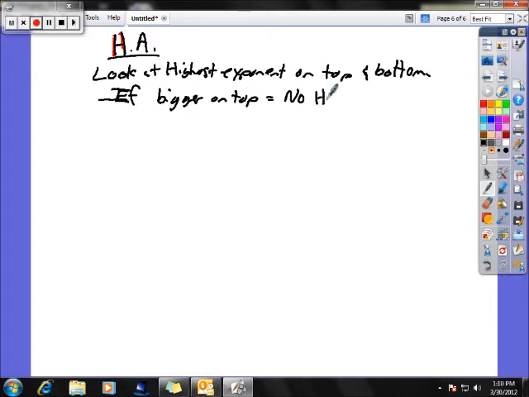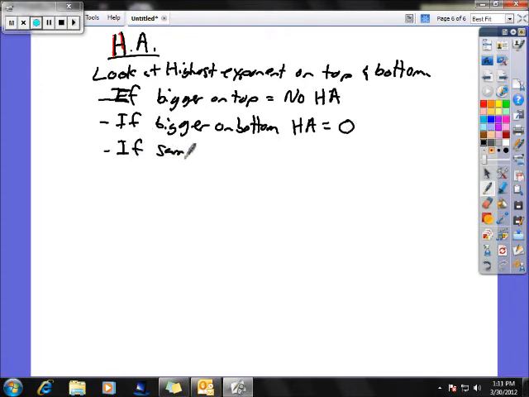No, there's no horizontal asymptote if it's bigger on top. If it's bigger on the bottom, we're talking about the exponents now, right? Then the HA equals 0. If same exponent, then you take the coefficients.